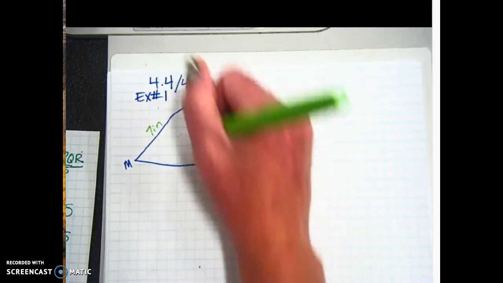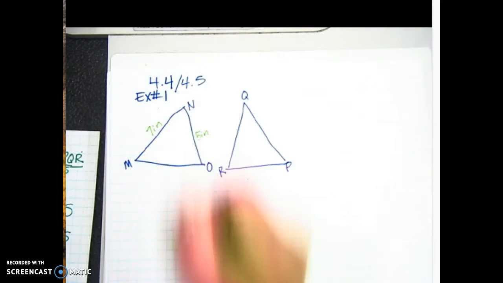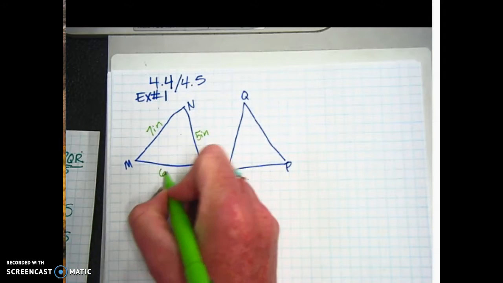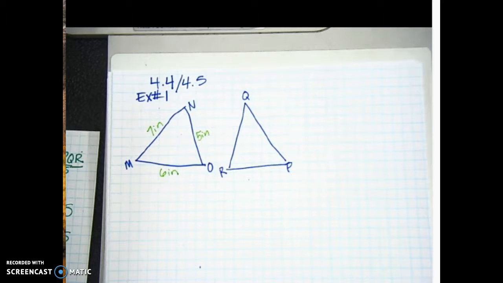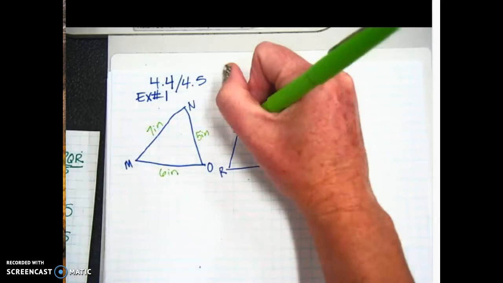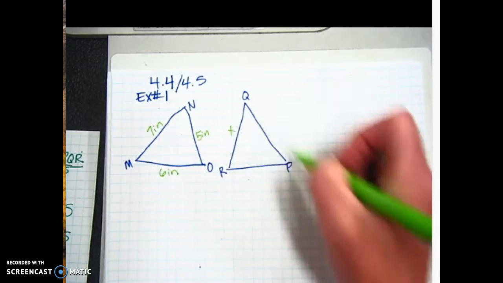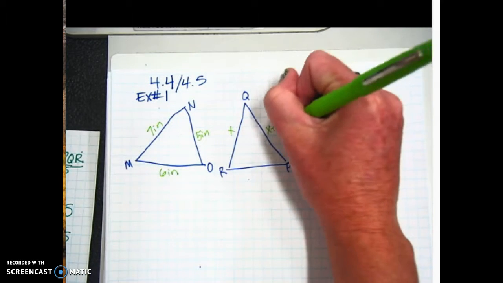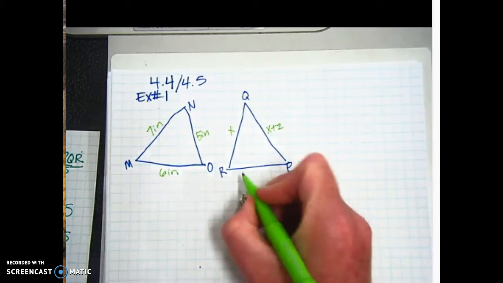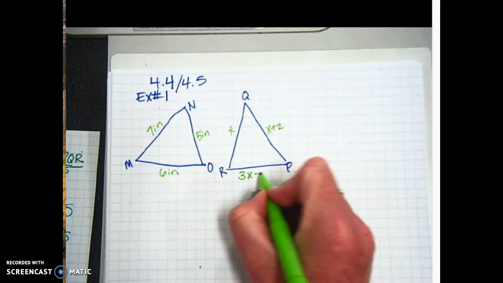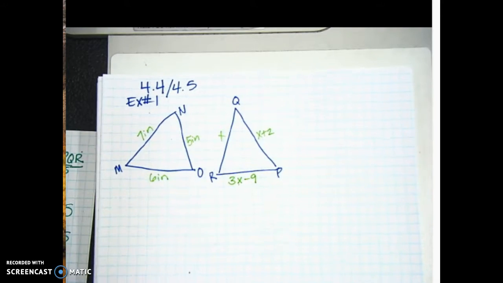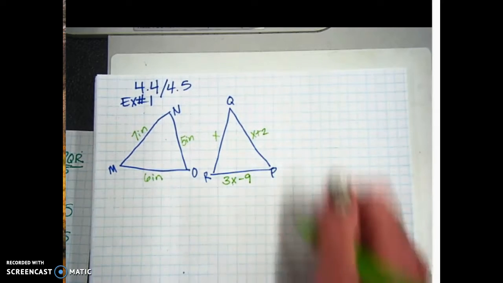Side NO is going to be 5 inches. Side MO is 6 inches. And then on the triangle on the right, QR is X, QP is X plus 2, and RP is 3X minus 9.